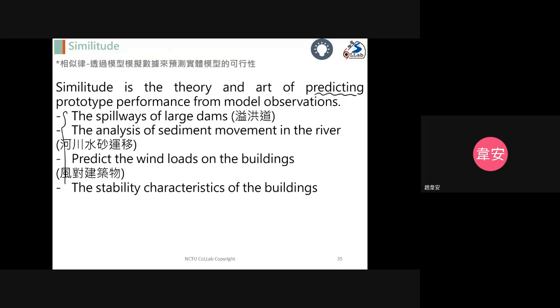So there are four topics related to hydraulic problems, but usually we cannot directly observe them from the field, and it is also very difficult to understand fully based on the field survey. So we need to conduct model testing to predict the physical behavior of the prototype phenomena.